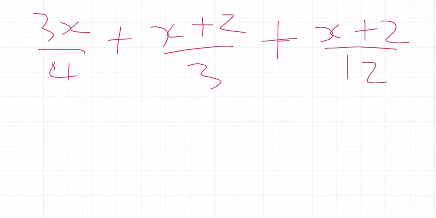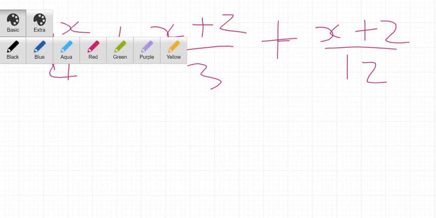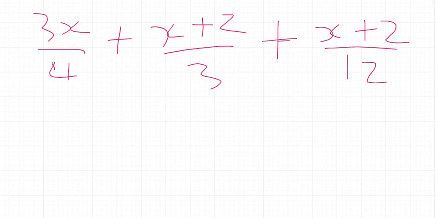We could find the lowest common multiple, or we could try to find a number that, when we multiply the fractions, they share the same denominator. Since 12 is the highest number here, we should work these two fractions, finding a number to multiply both of them so they have the same denominator as 12. So we could multiply this fraction by 3. We could multiply this fraction by 4.